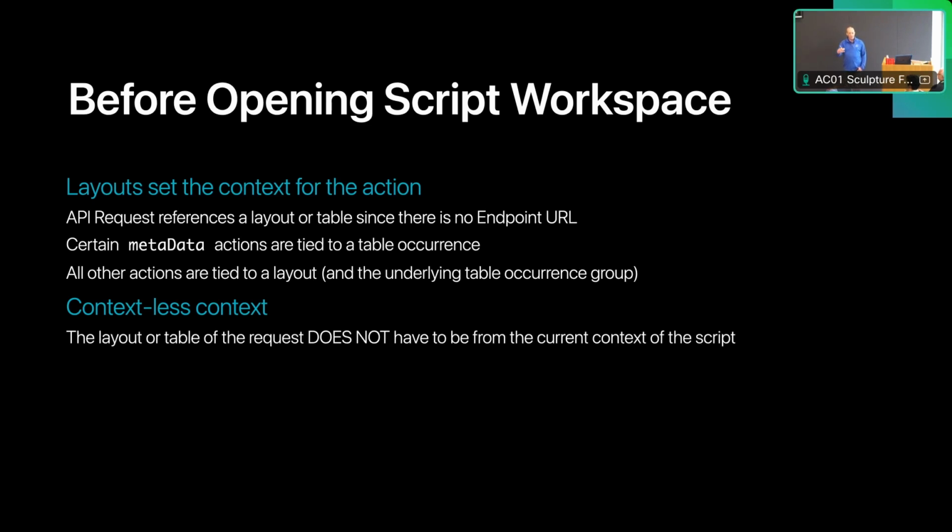So whatever relationships are set up are still going to apply. It's very similar to the Execute SQL statement, because you're getting information back to your script out of context of the script, but you're tied to the context of that layout. It's not like the SQL statement, where you can create a join between two tables that are not already related.